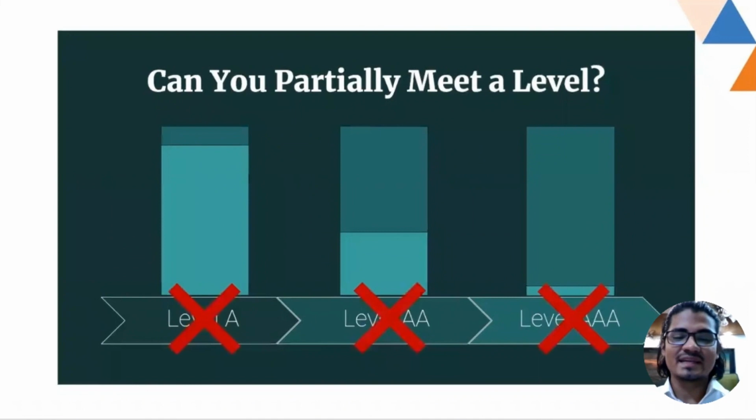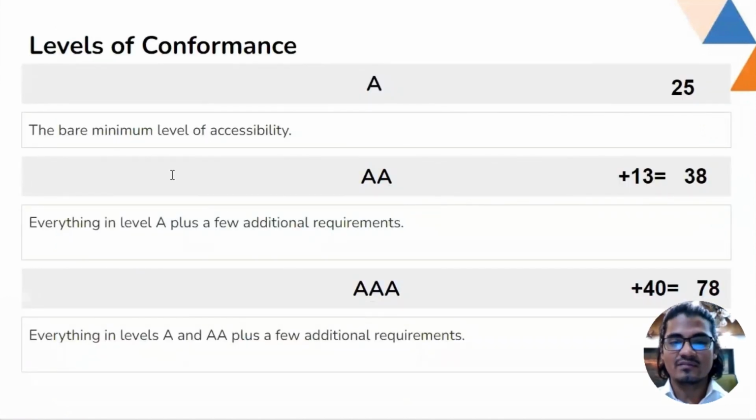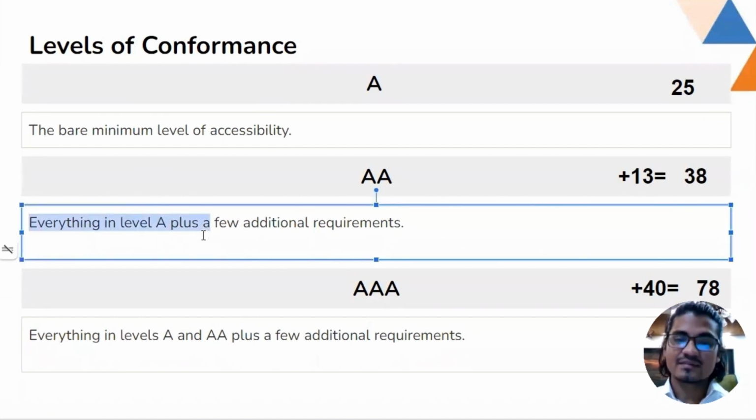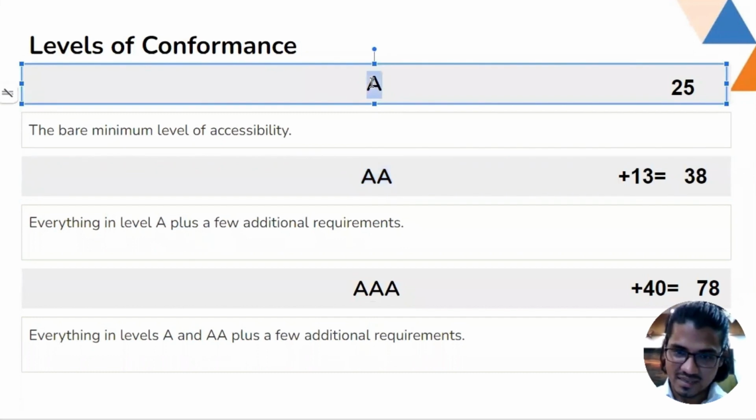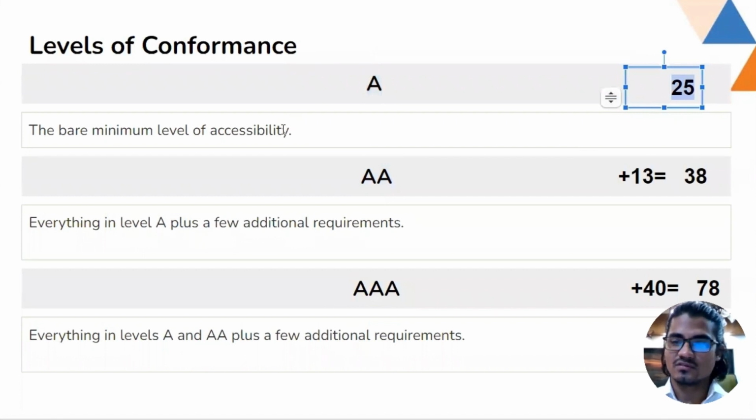Okay, actually, we are not meeting any of these levels, because as I told you before, in the first rule where we give this instruction, we said you have to maintain everything in level A, then an additional 13 for level double A. And if you are also meeting the double A standard, you have to maintain all these rules of level A, all of them, 100%.